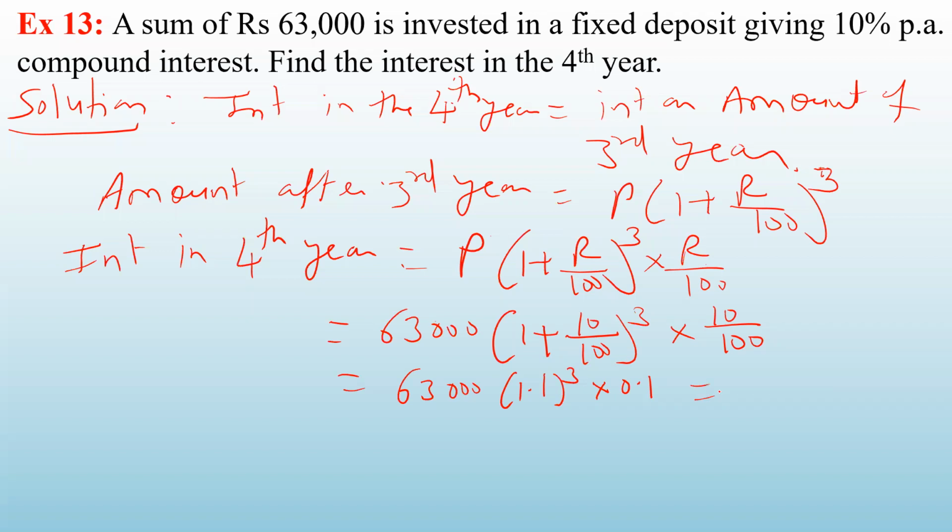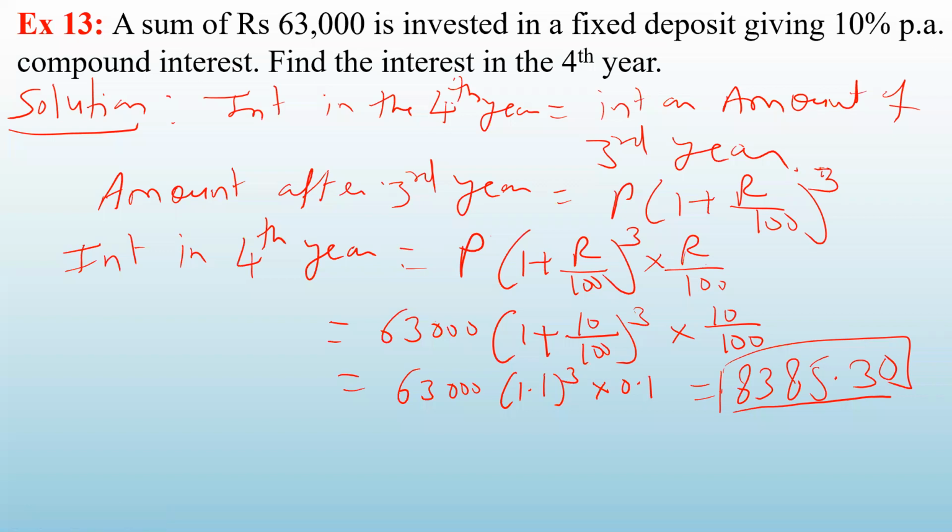So you get 8,385.3. So 8,385 rupees and 30 paise. This is the answer. So this much is the interest in the fourth year. Interest in the fourth year is calculated on the amount of the third year. So interest is R upon 100 multiplied by the amount of the third year. Okay. So just put the values and you will get the answer.